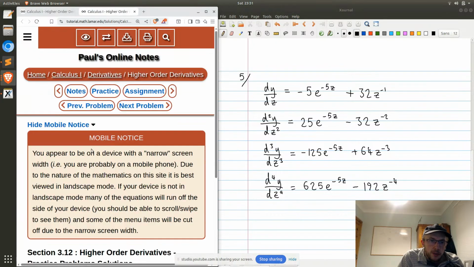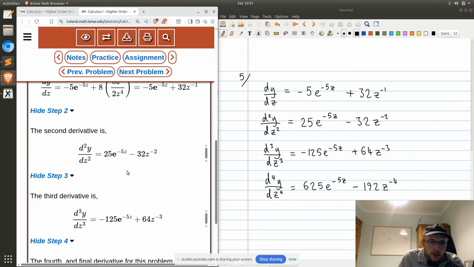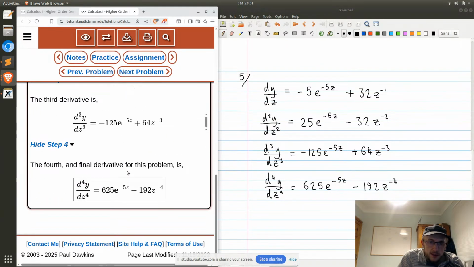I sure do hope this is right. And it is, and that's great.